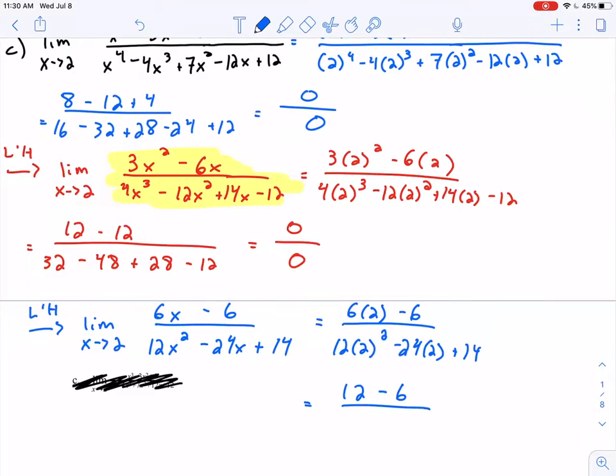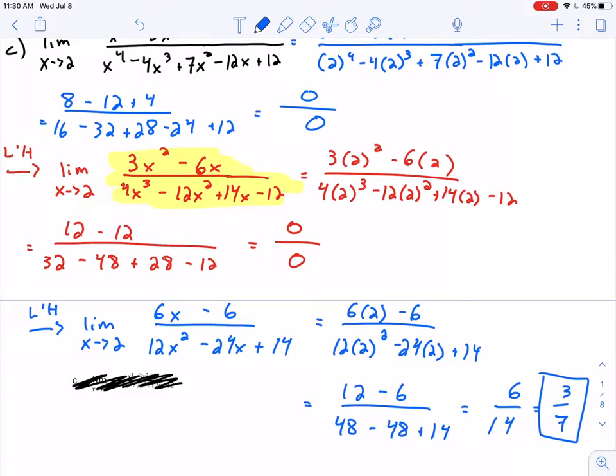Divided by 2 squared, which is 4, times 12, I've got 48 minus 48 plus 14. And oh my goodness, ladies and gentlemen, don't look now. 6 over 14, which ends up as 3/7. Hey, there's my limit. As soon as we end up with something that is not 0 over 0 or infinity over infinity, that's it, we're done. So our limit ends up being 3/7.